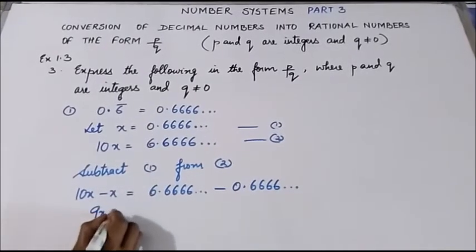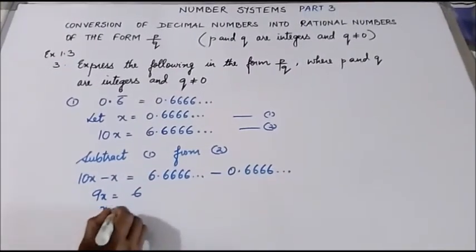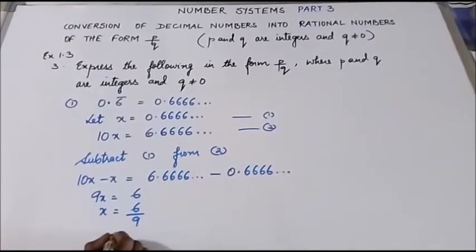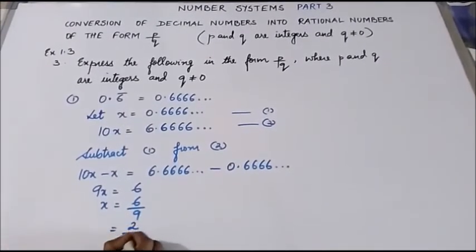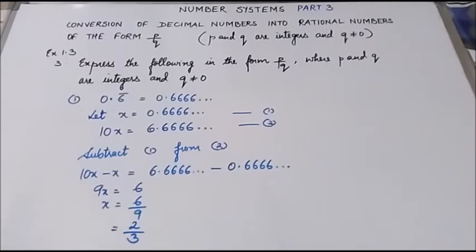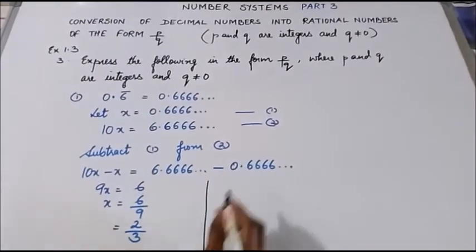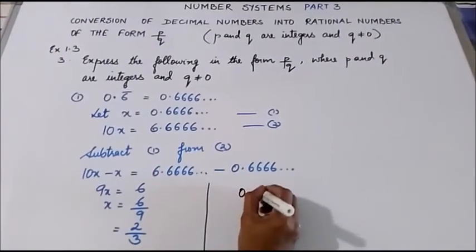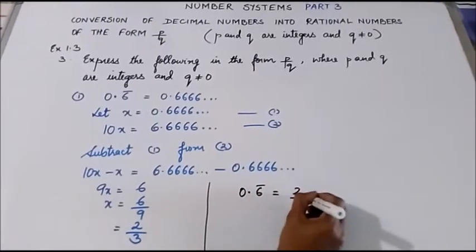You get 9x equal to 6, x equal to 6 by 9, that will get reduced to 2 by 3. Hence we can say 0.6 bar can be written in the form 2 by 3.